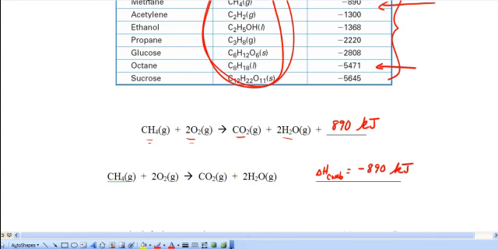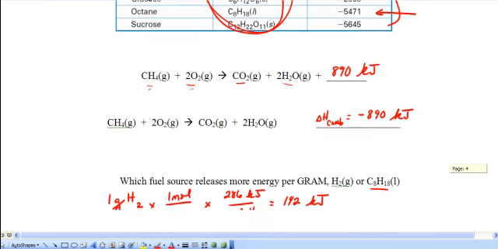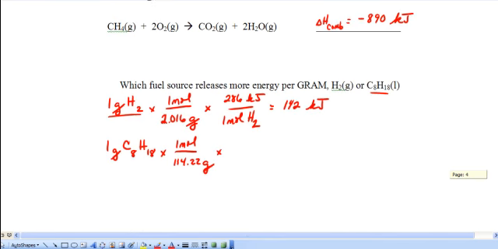It's 5,471 kilojoules per 1 mole of octane. So you take 1 divided by 114.22 times 5471, and we get 47.9 kilojoules of energy per gram of octane.